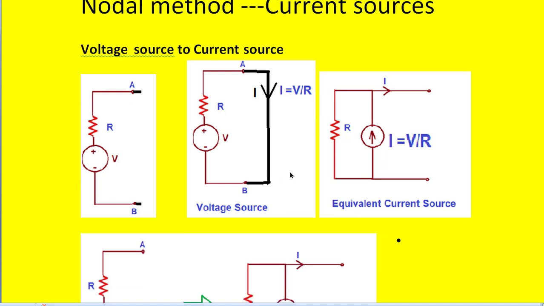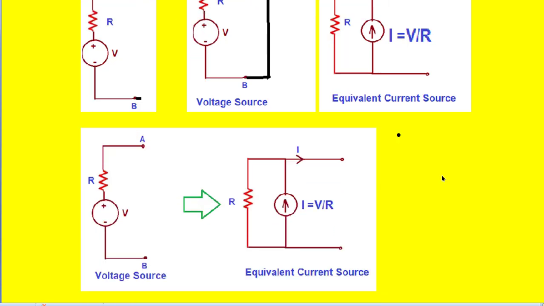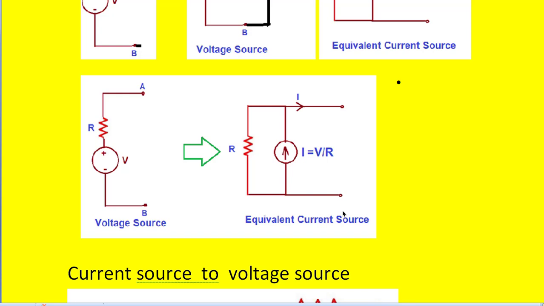Then we can represent this voltage source as an equivalent current source like this: resistance R in parallel with a current source I = V/R. So in general, this is the voltage source and this is the equivalent current source.